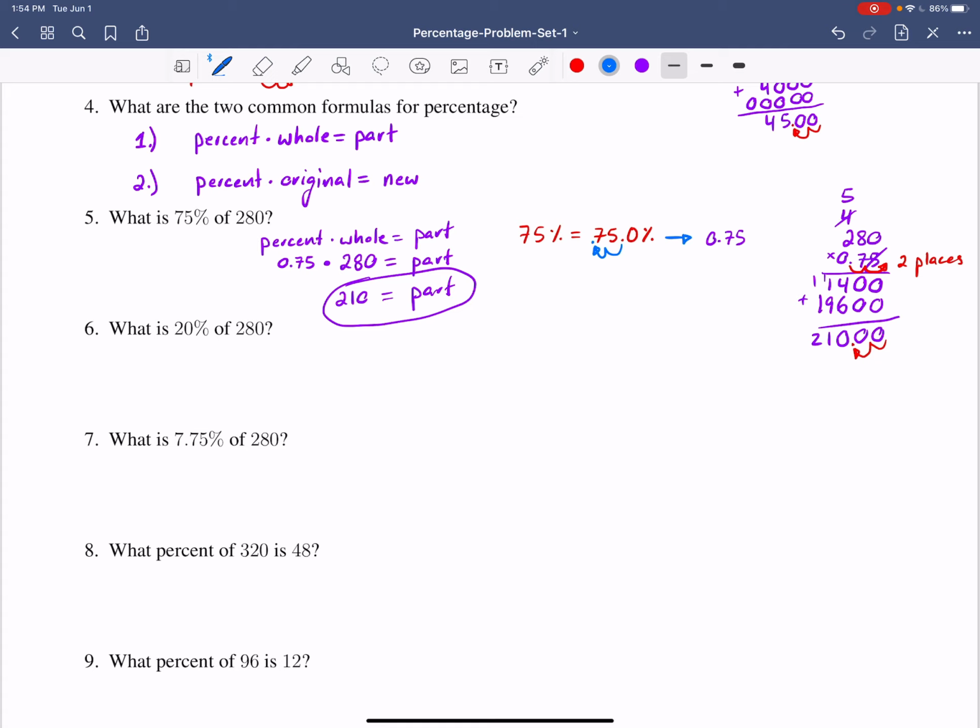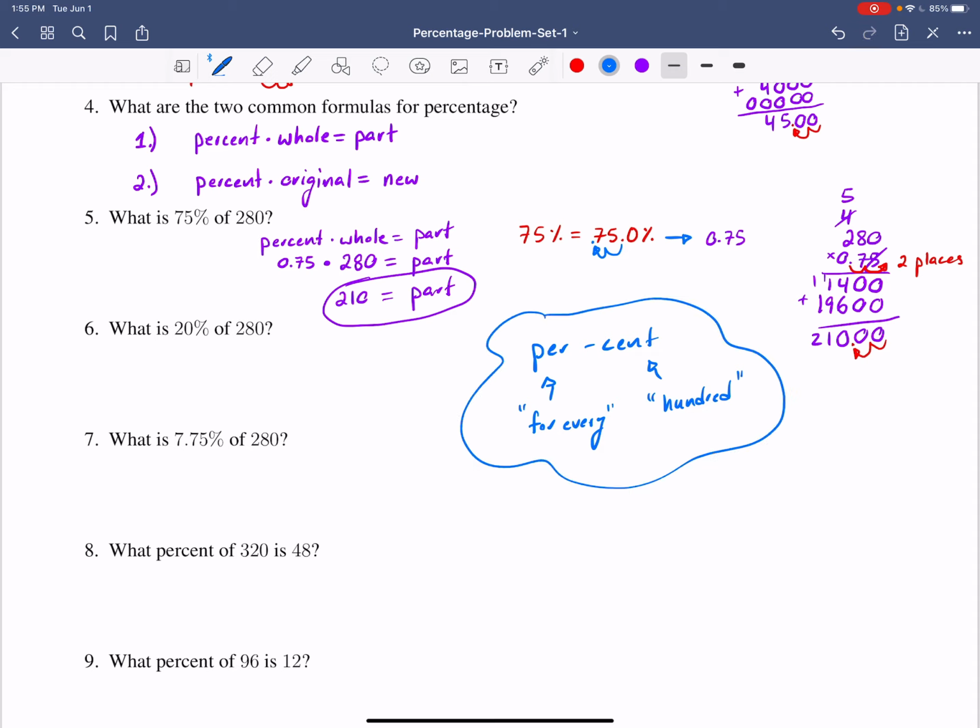Percent literally means per is for every, and cent means 100. So for every 100 pieces, if we have 75%, we're taking 75 of those pieces. So in this case, we're taking most of the pieces.